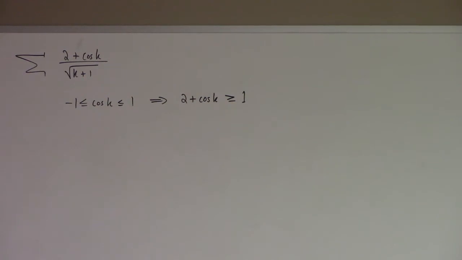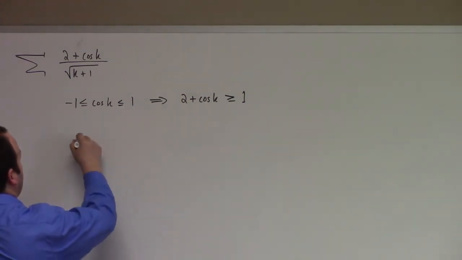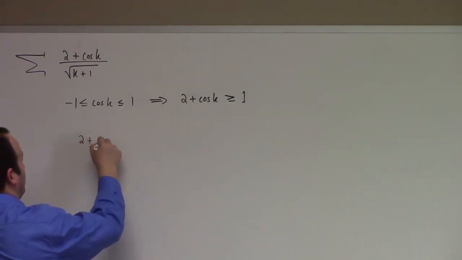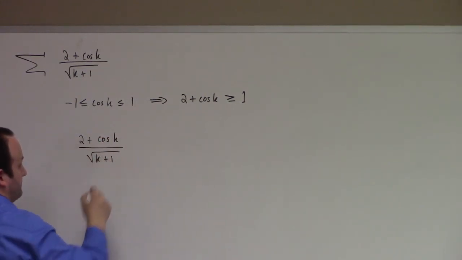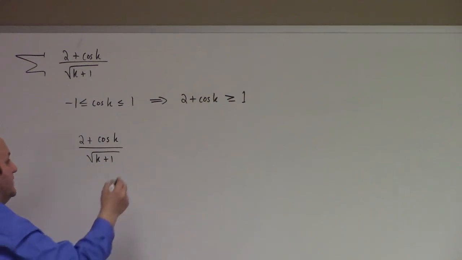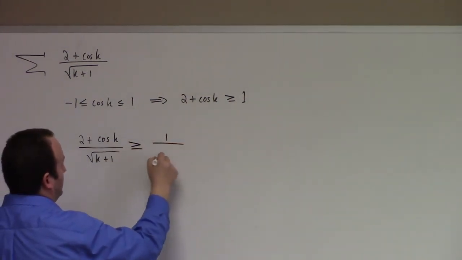No matter how many integers you look at, none of them are multiples of 2 pi. Okay, so what does that tell me? That tells me that 2 plus the cosine of k over the square root of k plus 1 is greater than or equal to 1 over square root of k plus 1.